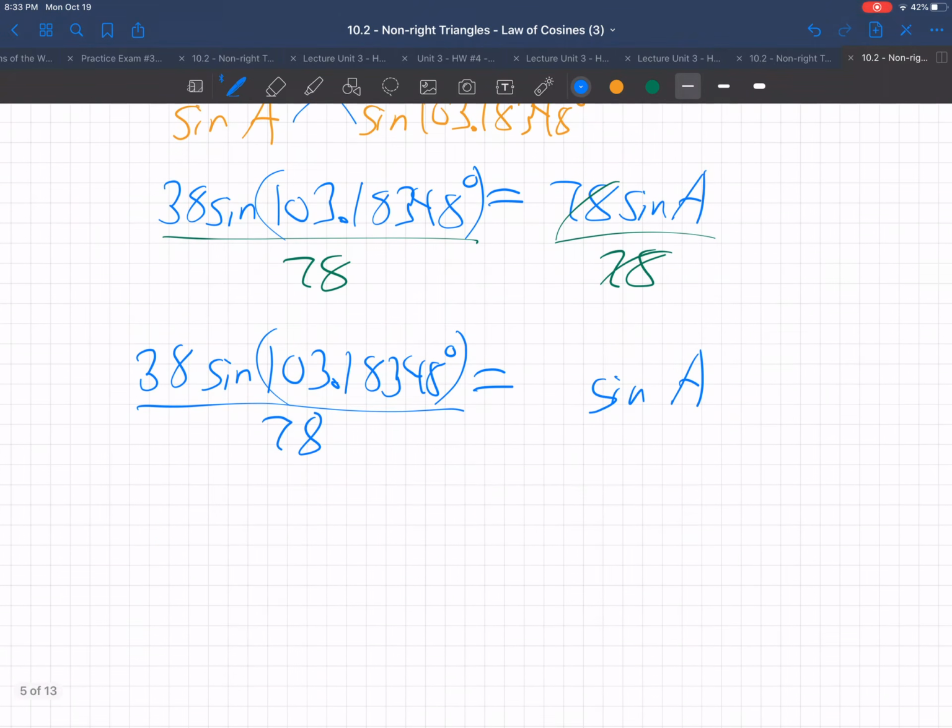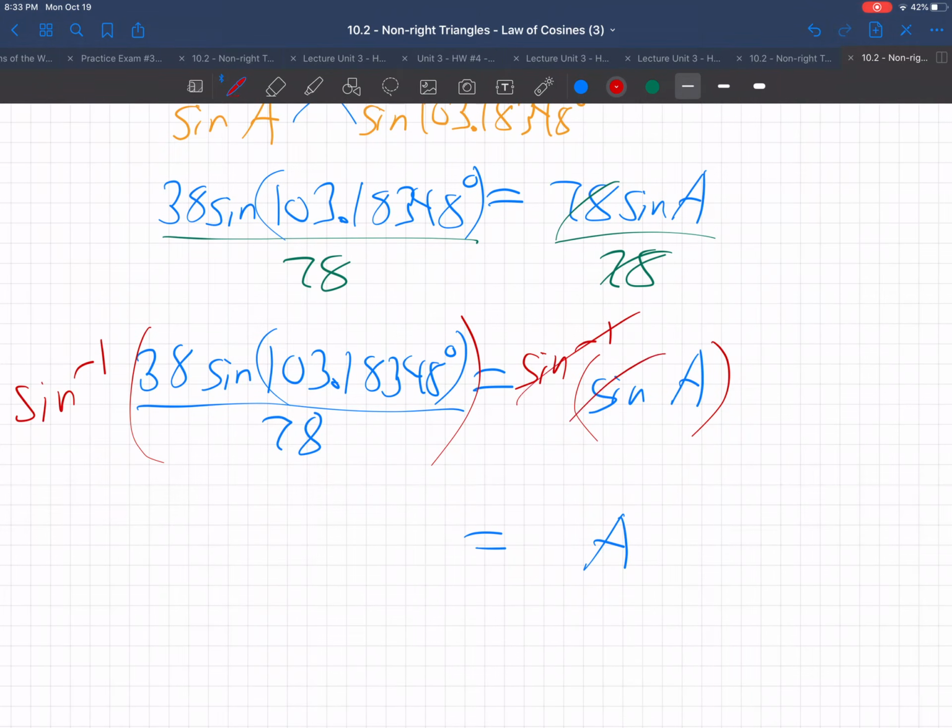What do I do now to get capital A? To get rid of that sine, we just did it, right? We do it again, this time sine inverse. Whatever you do to one side, do to the other. You can't divide by trig things, you do sine inverse. All right, hit the buttons on your calculator for that whole entire thing: sine inverse of 38 times sine of our last answer.